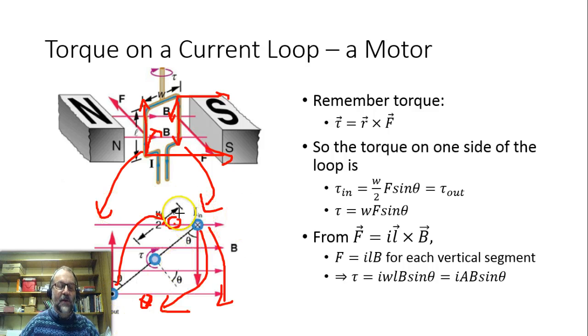Well, if nothing else changes and the current's still flowing the same direction, the force is now in this direction, is still in that direction on that one, and it would simply rotate back. So if you had it started going, this system would just rotate back and forth and oscillate.